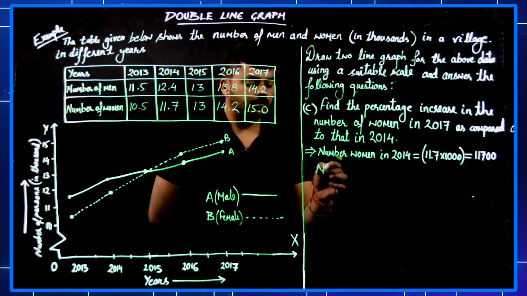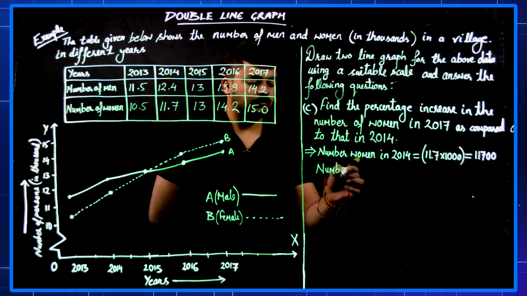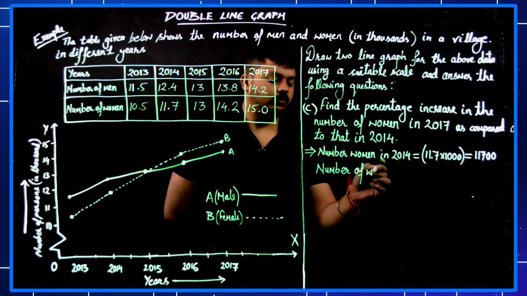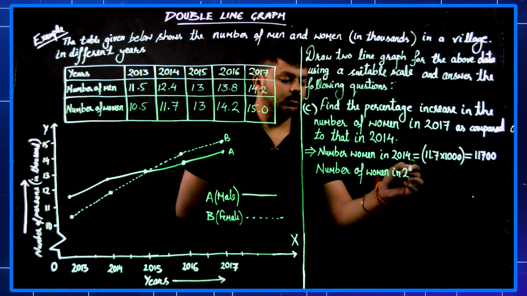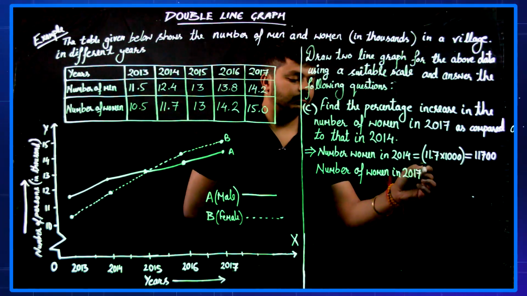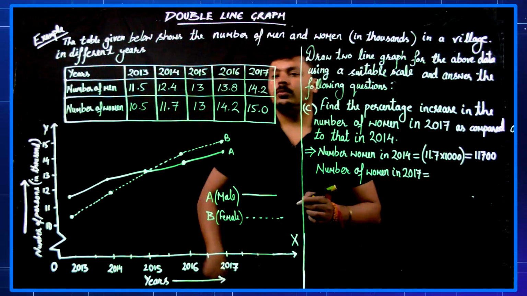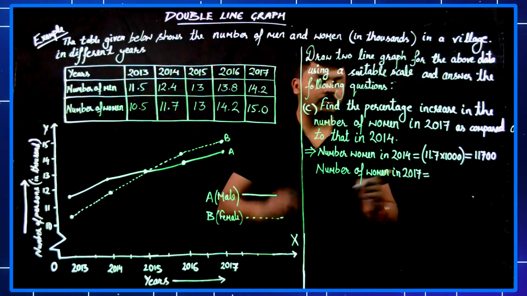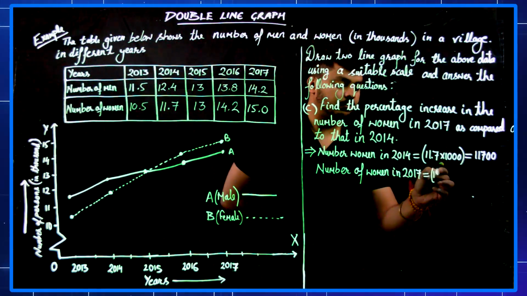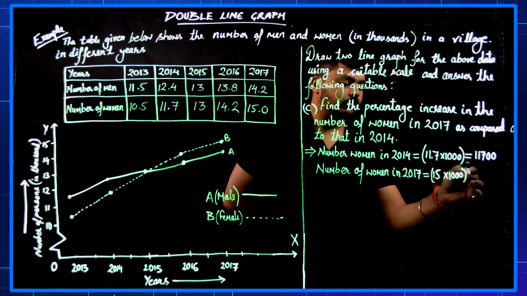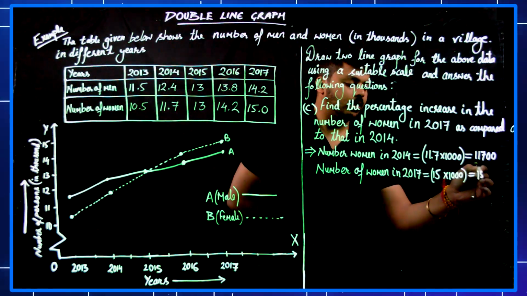Similarly, the number of women in 2017 equals 15 multiplied by 1000, we get 15,000.